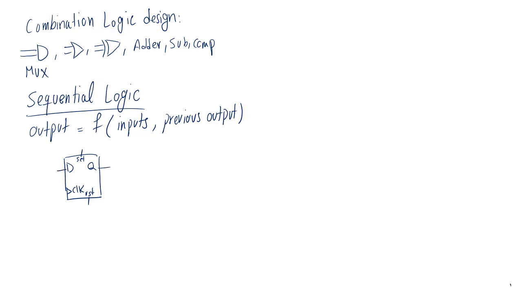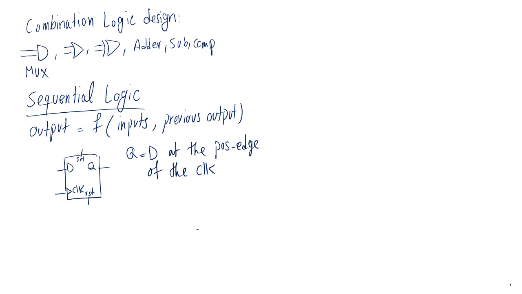We can just say Q is equal to D at the positive edge of the clock. So we learned that we have D latches where Q is equal to D when the clock is 1, and we have flip-flops where Q is equal to the value of D at the positive edge of the clock. And we talked about how we can have a negative edge flip-flop as well.